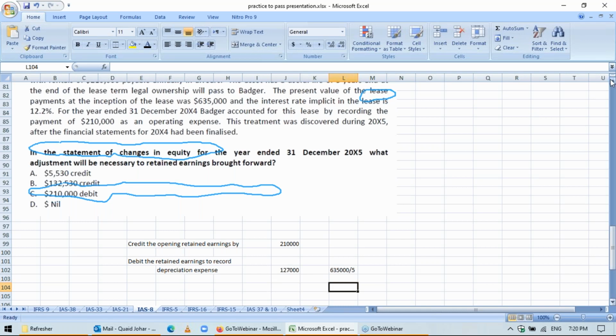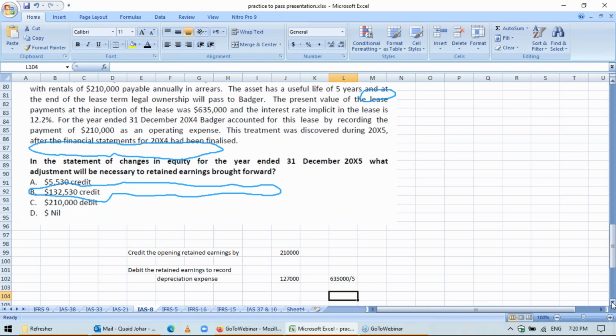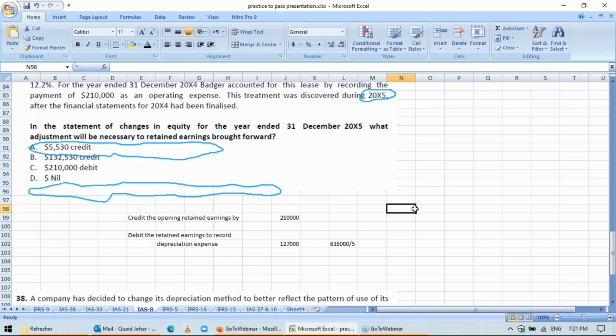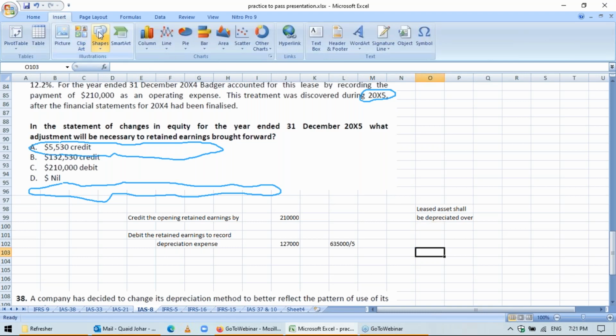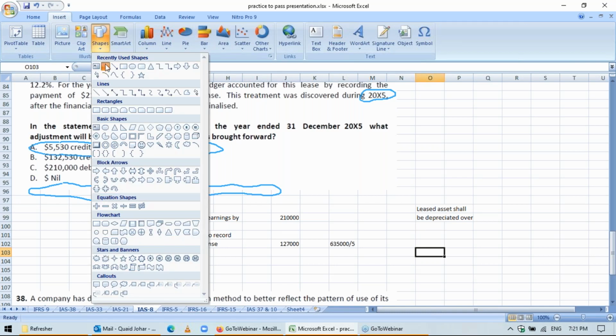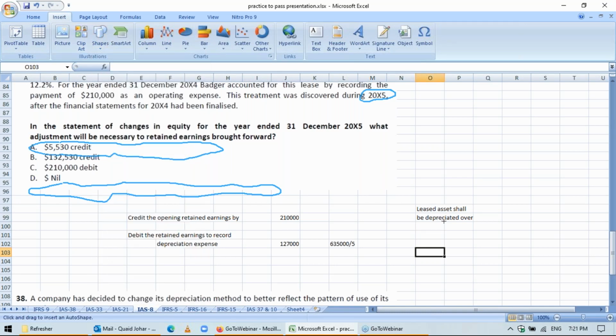Why 5 years? See, the depreciation of lease asset. Lease asset shall be depreciated over how many years? It depends on whether the title of the asset transfers to the lessee by the end of the lease term or not.